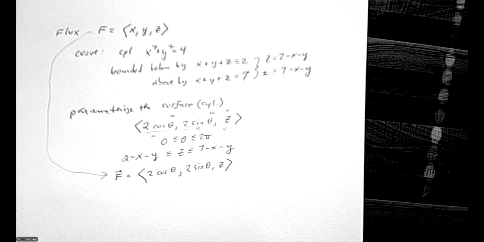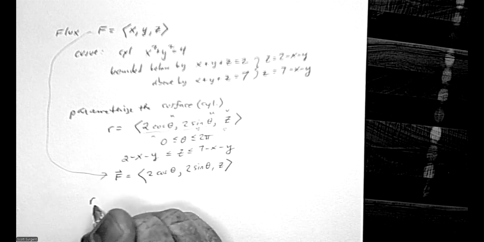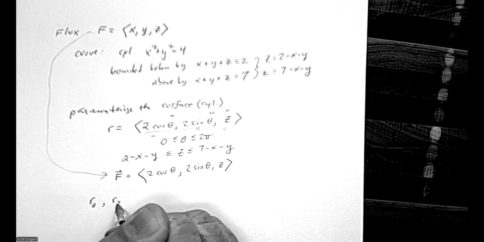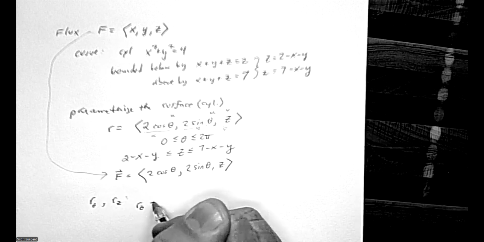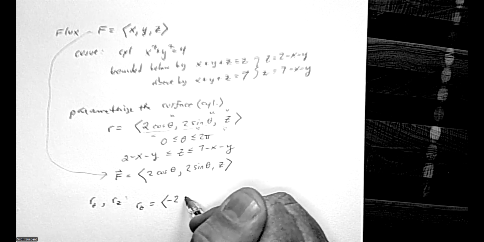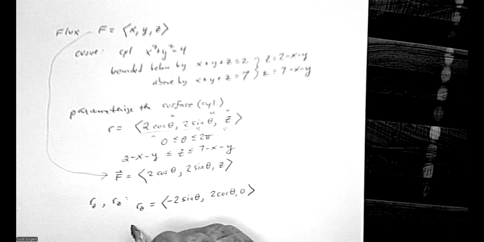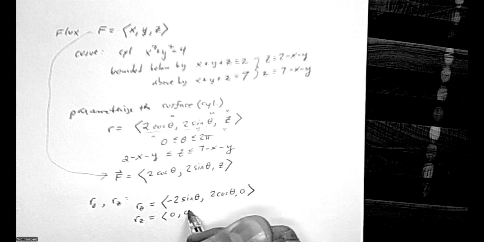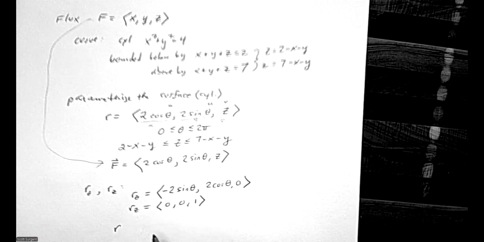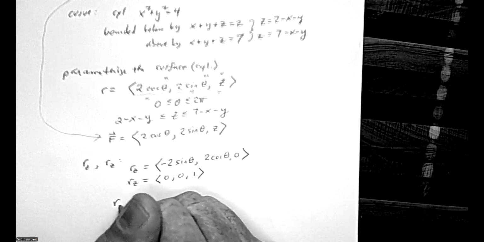And then you have to go through the trouble of working out the, so we call this the R, or I guess the surface R. So you have to do R sub theta and R sub Z. So let's do R sub theta. I'll show you the steps. It looks a little rough, but it's not too bad. It'll be negative 2 sine theta. You're taking derivatives, 2 cos theta, and 0. R sub Z will actually just be 0, 0, and 1. So when you perform their cross product, I'm making sure, don't want to lose my spot there.